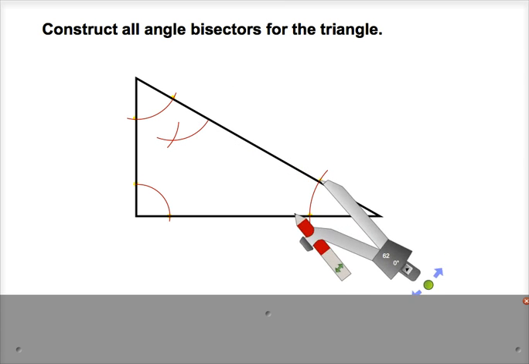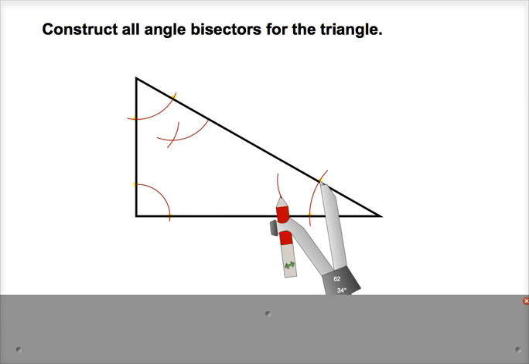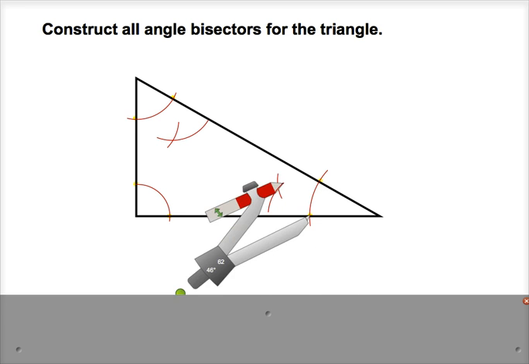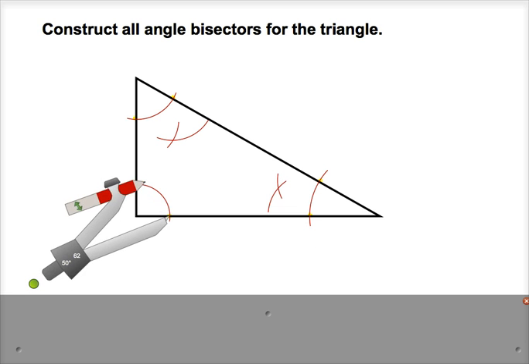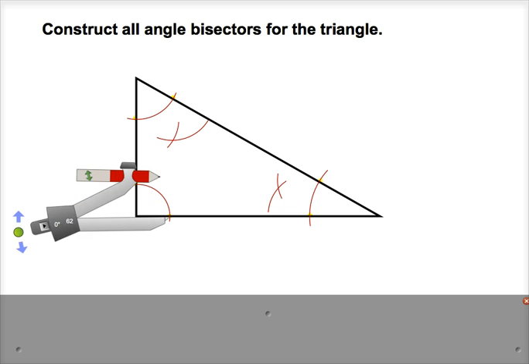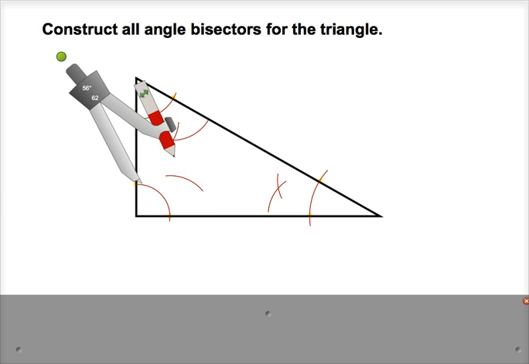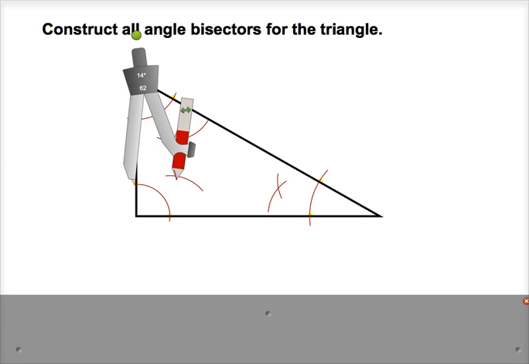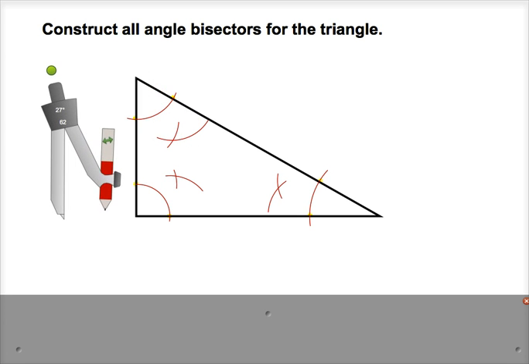I'm even going to keep the same dimension on my compass, even though you don't need to. And then to finish up, I just need to draw in my lines.